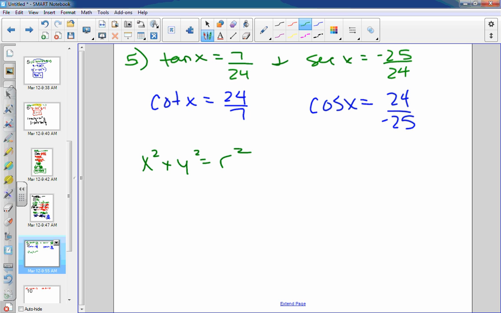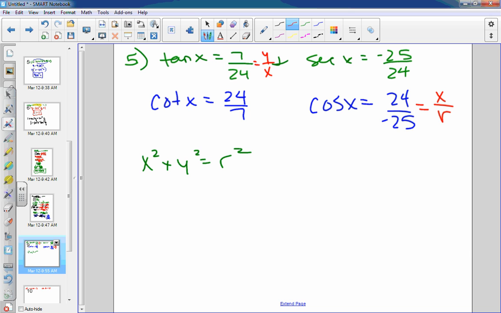But you don't have to do that here. What you have to do is apply the definitions that you know. So if you apply the definitions you know that this is going to be y over x because that's what tangent is, correct? You also know that cosine is going to be what? X over r, right? And can r ever be negative? No. Does that make sense?